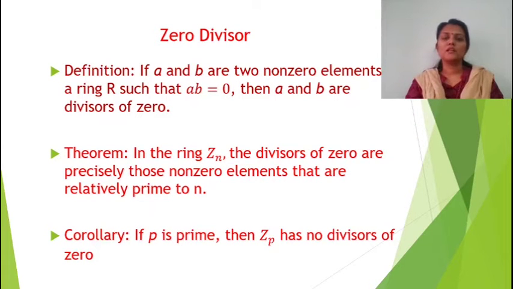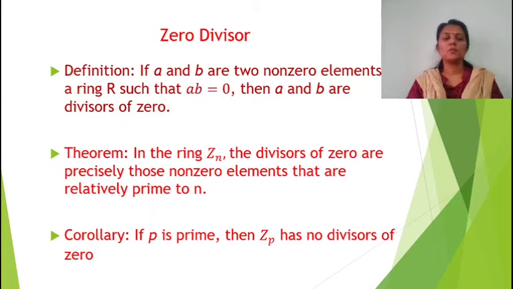Last day we have learned the concept of zero divisor: if a and b are two non-zero elements of a ring R such that ab equal to 0, then a and b are said to be divisors of 0. Also we have a theorem in the ring Zn. The divisors of 0 are precisely those non-zero elements that are not relatively prime to n. And we have a corollary of the theorem, that is, if p is a prime number, then Zp has no divisors of 0.